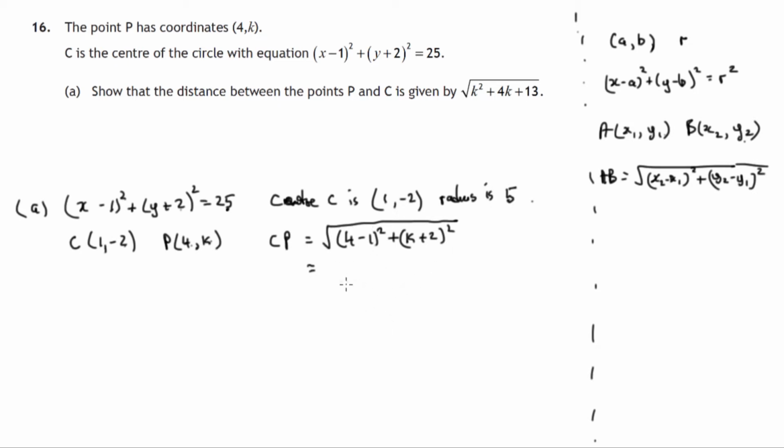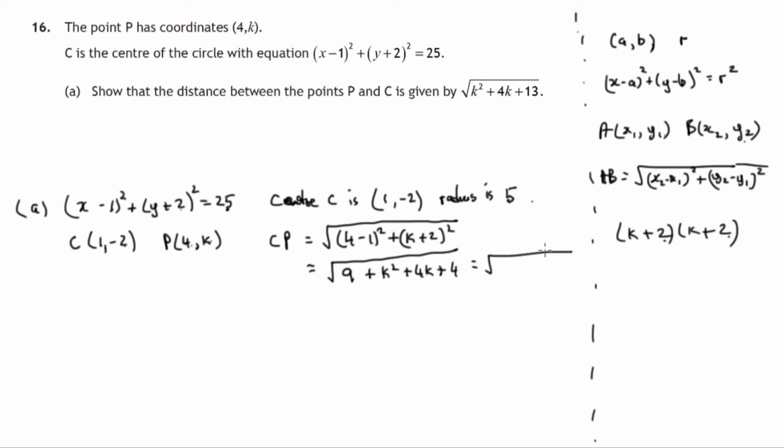Let's try and figure this out in a simplified form. 4 minus 1 is 3, 3 squared is 9. Let's work out (k plus 2) times (k plus 2). The first two terms give us k squared, the outside 2k and inside 2k give 4k, and the last gives 2 times 2 is 4.